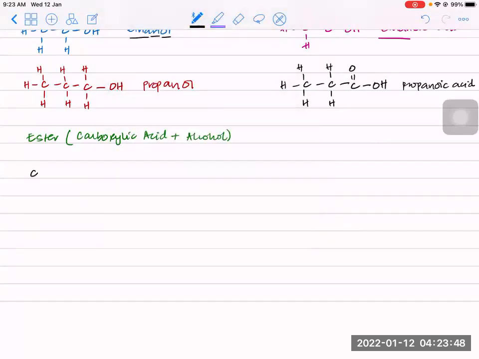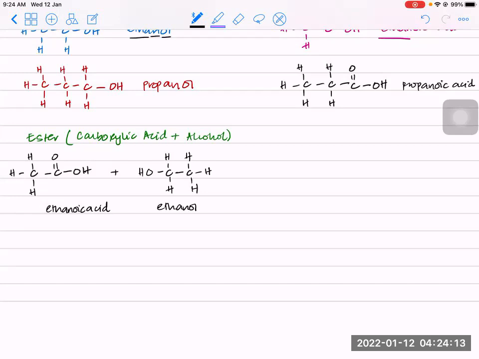So let me take a two carbon acid. So this right here is ethanoic acid. And let me take a two carbon alcohol. So you have a two carbon alcohol, that is ethanol. So two carbon alcohol and a two carbon acid.